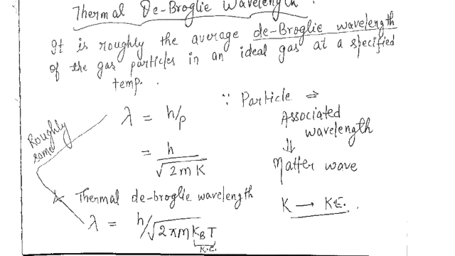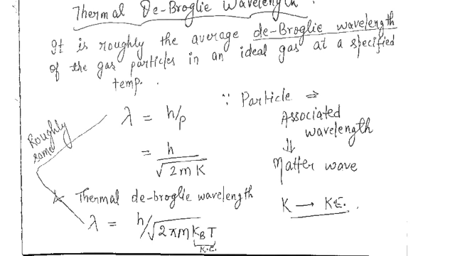So here lambda equals h upon root 2 pi m K, where K represents kinetic energy. If we see the difference between these two lambdas, these two lambdas only differ by a factor of pi inside the root in the denominator.